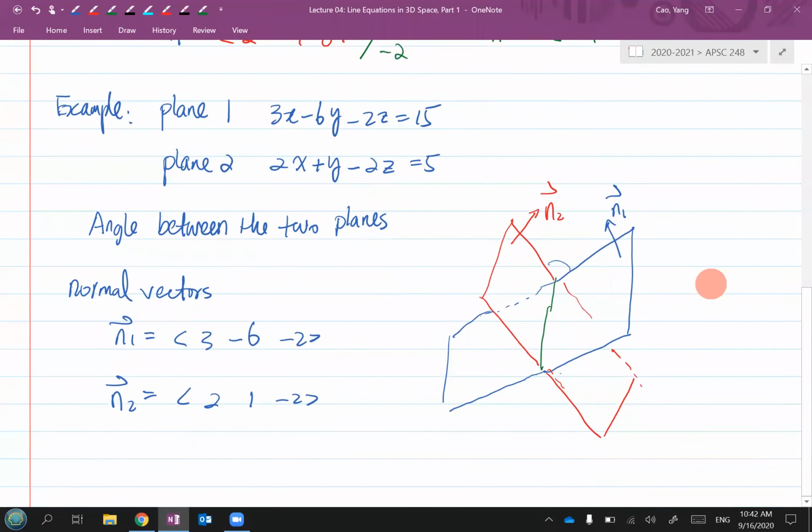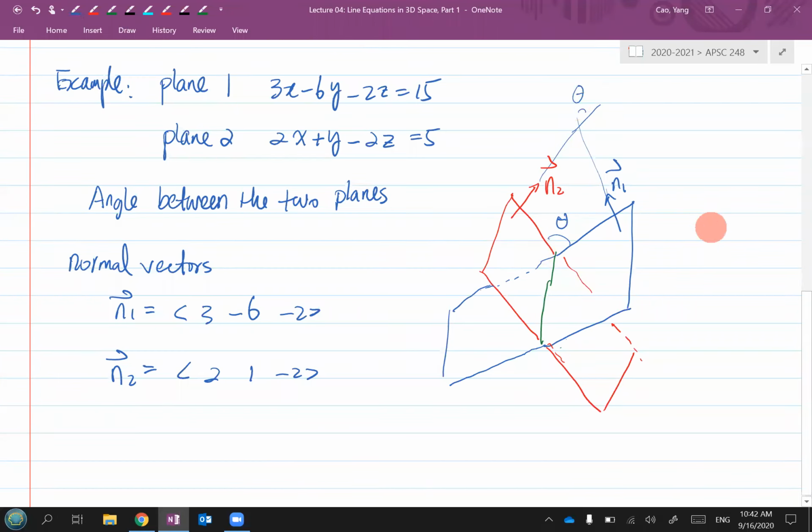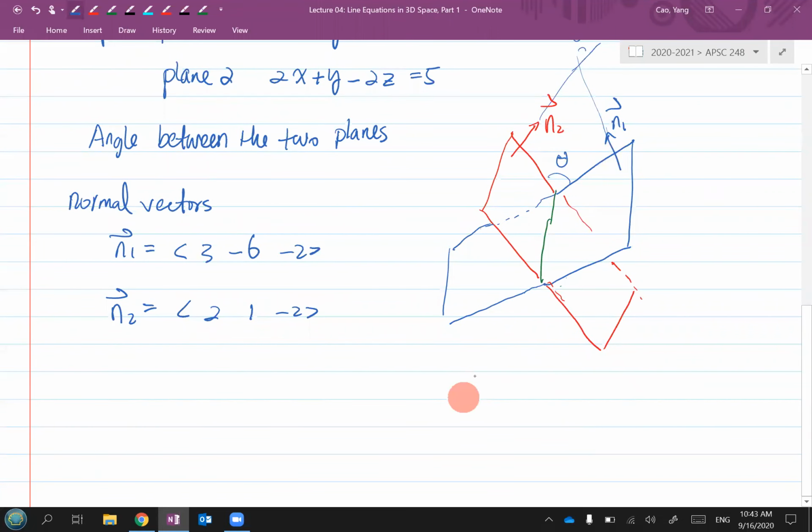Once we have this, you can now think about it: if we're looking for the angle between the two planes, it's equivalent, right? If you elongate those two normal vectors, it's equivalent to finding the angle formed by the two normal vectors. So this theta here is equivalent to the angle between the two normal vectors. Then the question becomes very simple. When you have two vectors and you're looking for the angle in between, you can use the formula for the dot product, right?